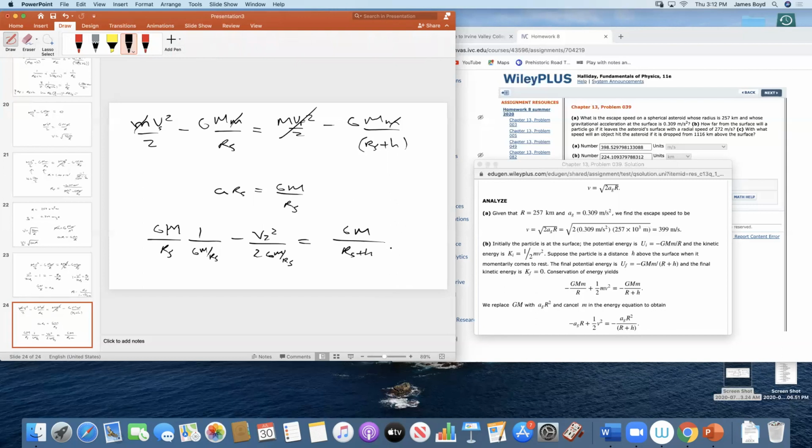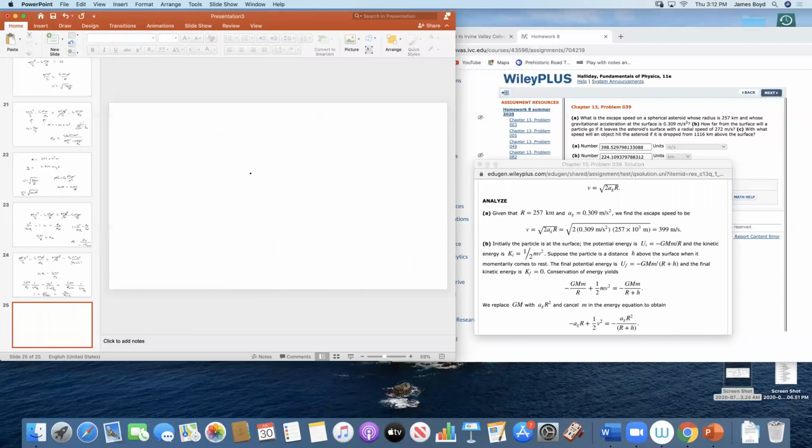Rs plus h, 1 over gm over rs. So seeing this stuff cancels. I get 1 minus v on the surface squared over 2a r on the surface is equal to r of the surface, rs plus h. And again, if I want to do this math out, r surface plus h is equal to r of the surface, 1 minus v squared over 2a r of the surface.